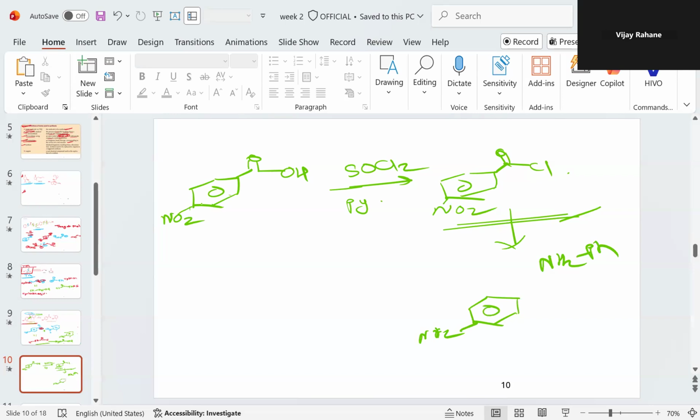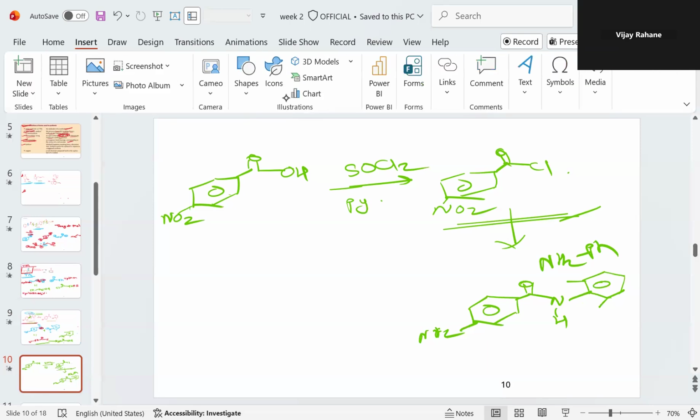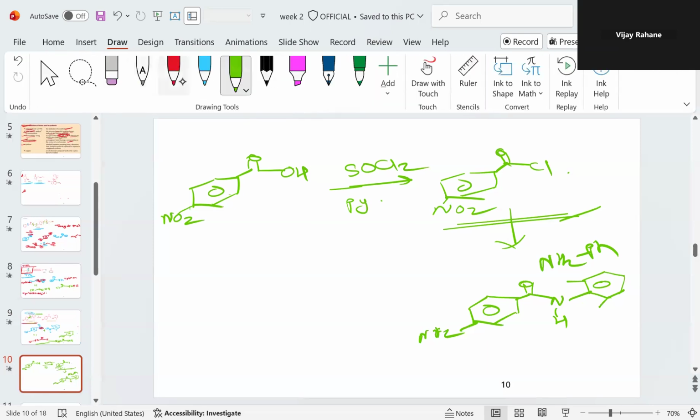And retrosynthesis is basically the reverse of the forward synthesis, right? So we can get this target molecule from this, and the reagent required to add, we don't really need any reagent because this reaction is quite straightforward.